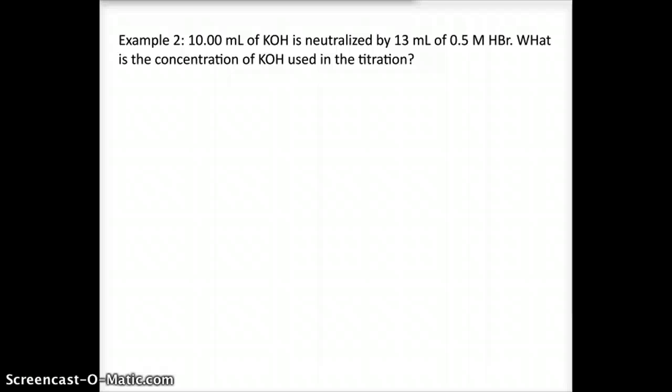Example 2. 10 milliliters of KOH, so this is our base, hydroxide, is neutralized, that means I get to the end point, by 13 milliliters of a 0.5 molar HBr solution. So now, in this case, we have something different going on.